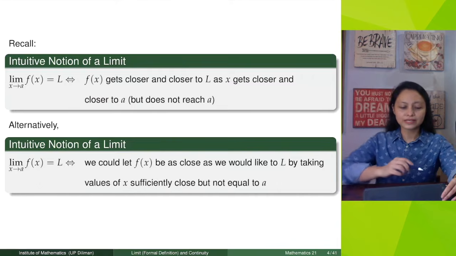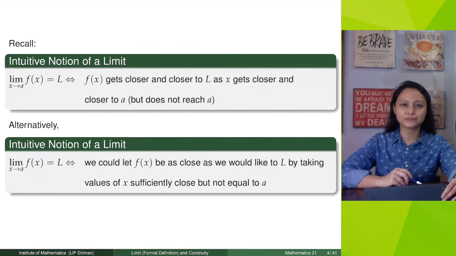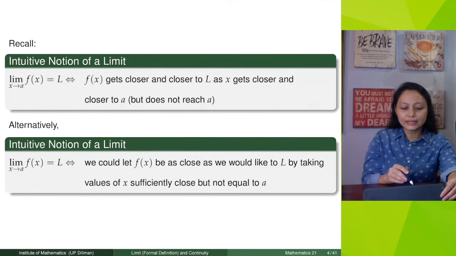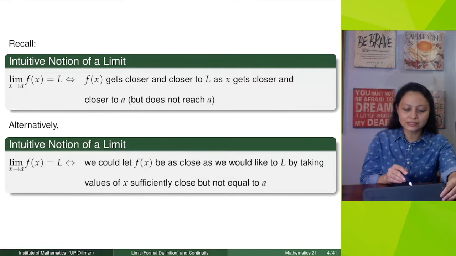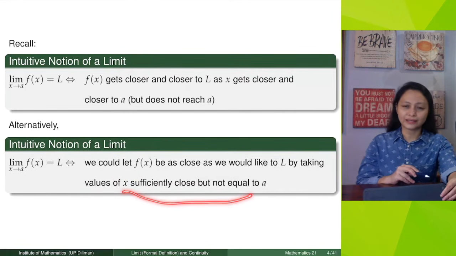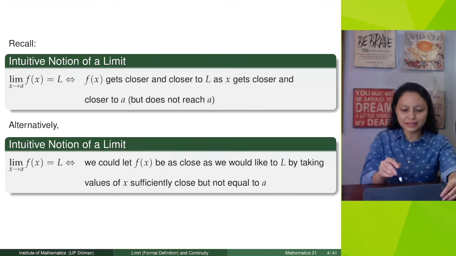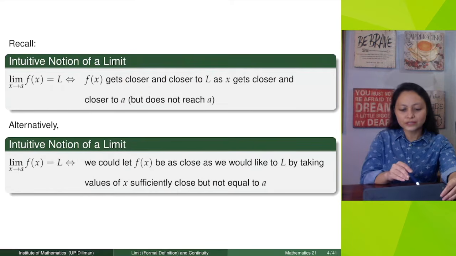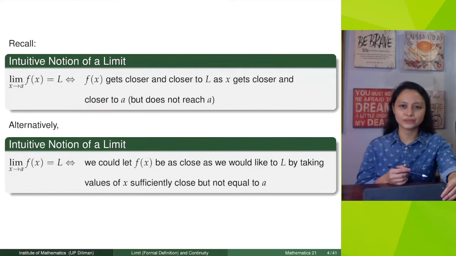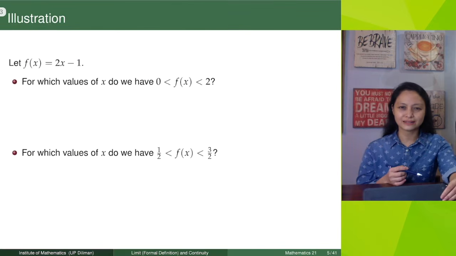Or we can also say that the limit of f of x as x approaches a is L if we can let f of x be as close as we would like to L by taking values of x sufficiently close but not equal to a. So we will describe mathematically what it means to be closer and closer to L or closer and closer to a.